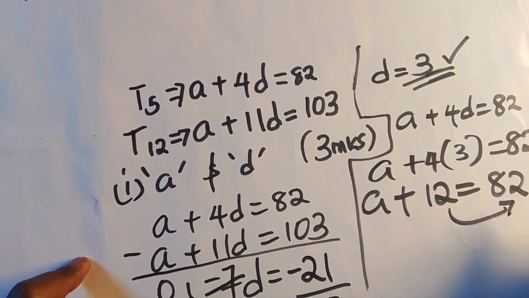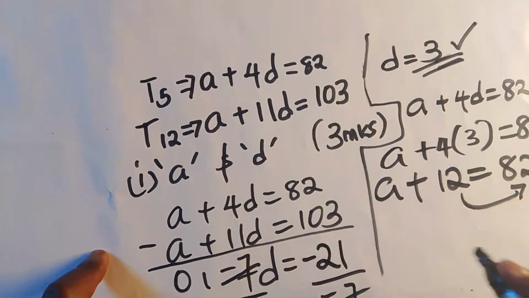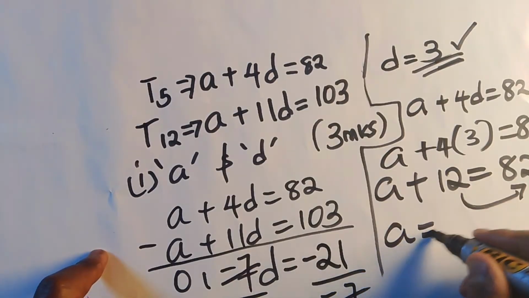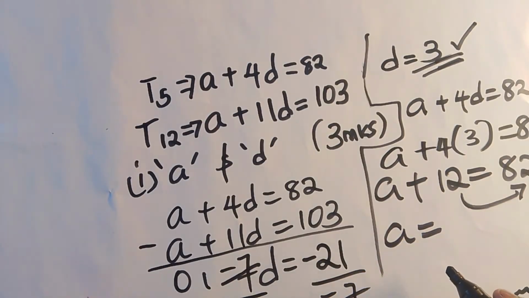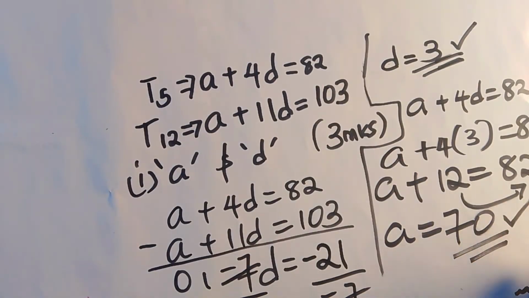And 4 times 3 is 12, so a plus 12 is equal to 82. We subtract 12 from both sides and get a equals 82 minus 12, which is 70. So our a is 70 and our d is 3.